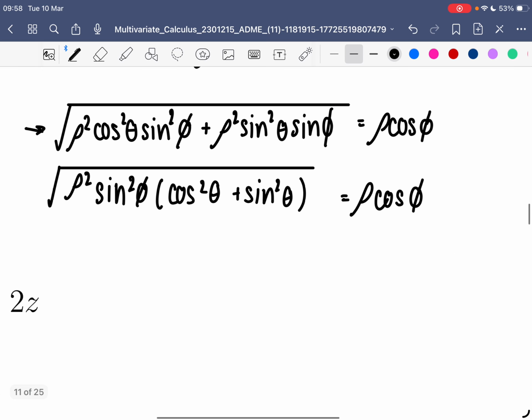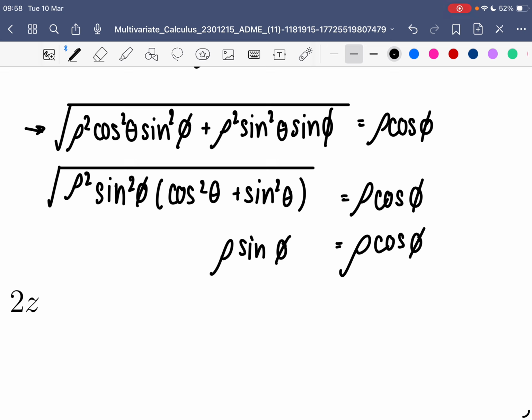You see, identity cos squared plus sin squared is 1. The reason that we don't take absolute is because rho is the magnitude. It's usually positive already. And phi usually ranges from 0 to pi, so sine is always positive, right?